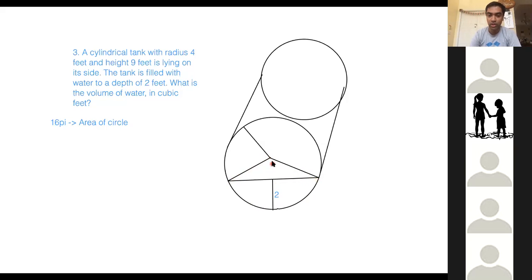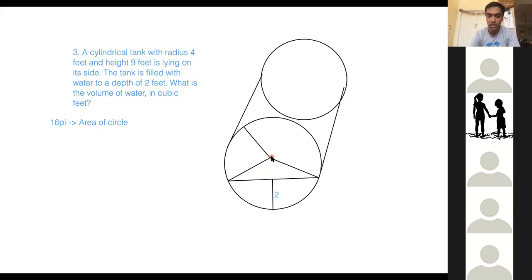So now we need to figure out what is the area of this region of the circle and what is the area of this triangle. So let's write down some more lengths that we know. What is the length of this side of the triangle? 4. Good. And what about this one? 4 also.